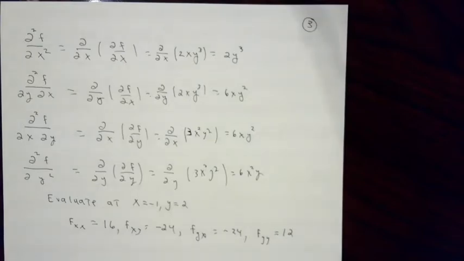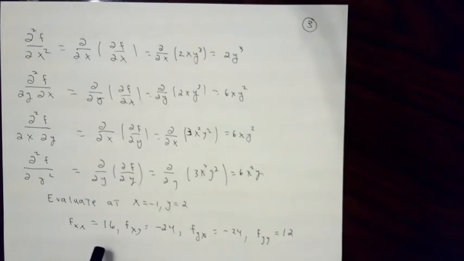At the point of interest, inserting x equal -1 and y equal 2, we get these values for the four second partial derivatives, the mixed ones together with the unmixed ones. The unmixed ones, partial of f with respect to x both times, this tells me the concavity of the surface in the x direction.